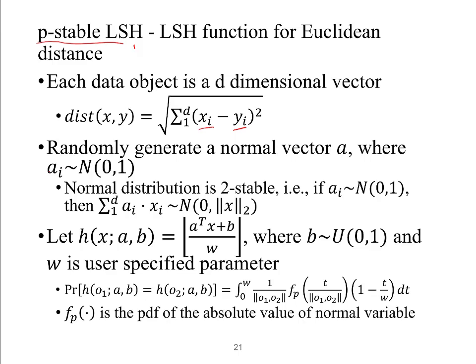All right. So we know that the normal distribution is 2-stable.